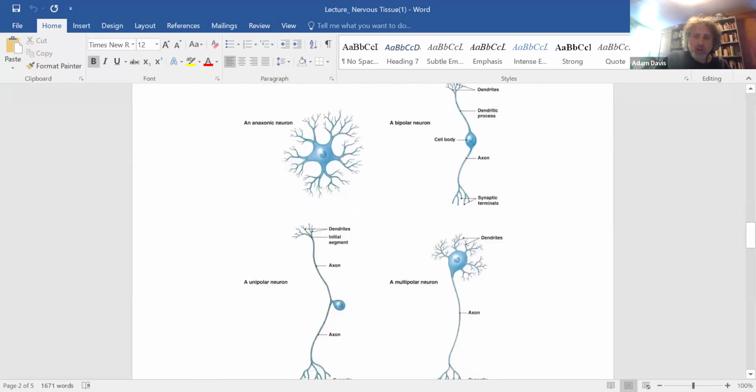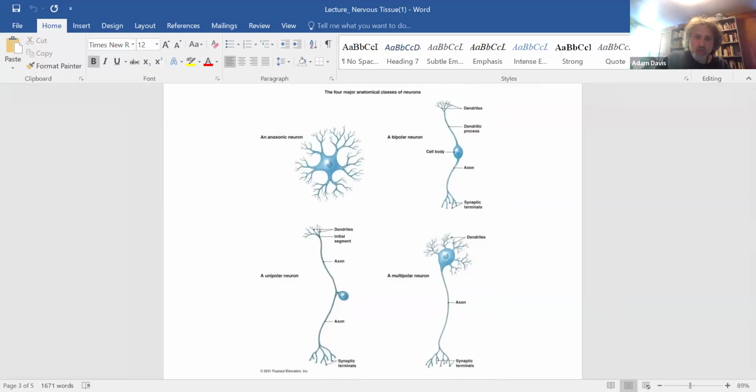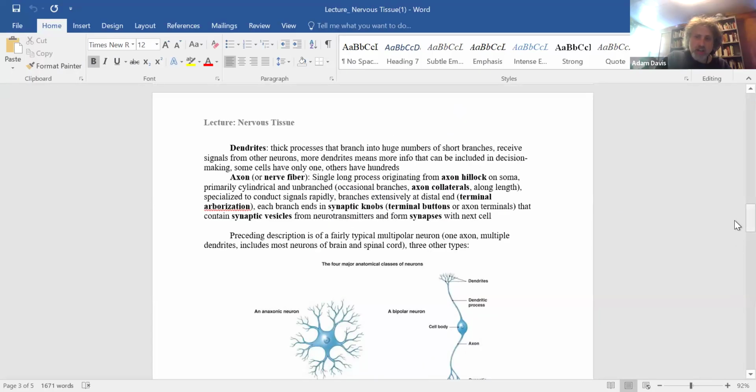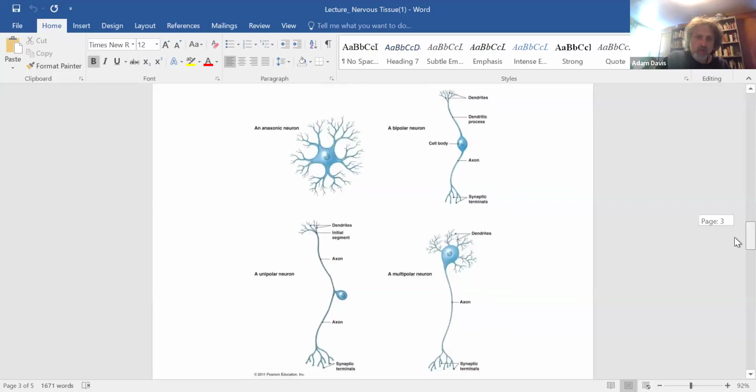Here are some alternative neuron structures, and this is straight out of your handout, so you can always reference this later if you want. Here's your multipolar neuron down in the lower right here. Cell body, multiple dendrites, one axon, with axon terminals, or synaptic terminals, at the ends there.